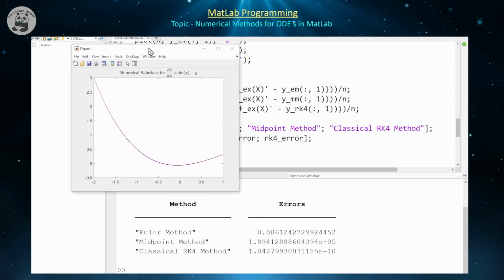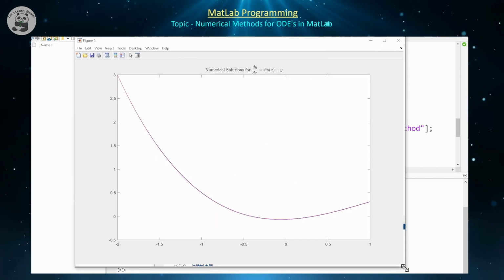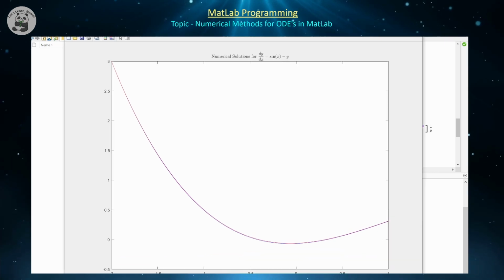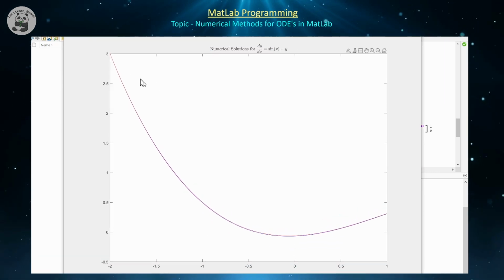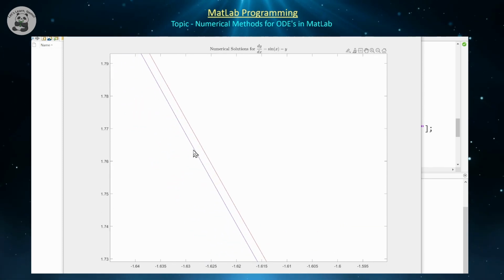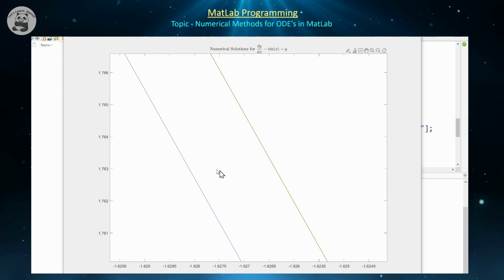Now let us look at the qualitative results. So here we have that at least qualitatively, all 4 solutions are approximating the solution pretty well. None of the 3 sort of go off the rails in terms of approximation, which is actually a very good sign. So if we sort of look over here and zoom in, we do see that the blue curve is farther than the other 3 curves.